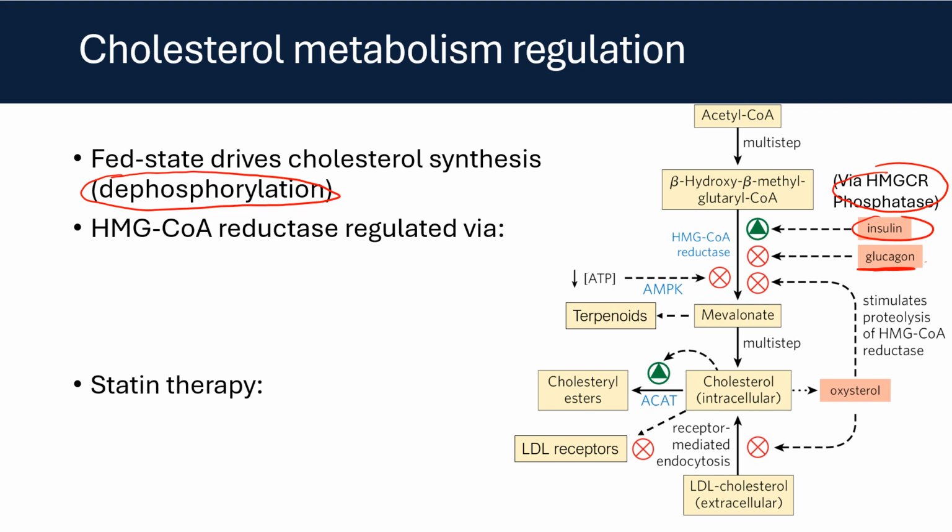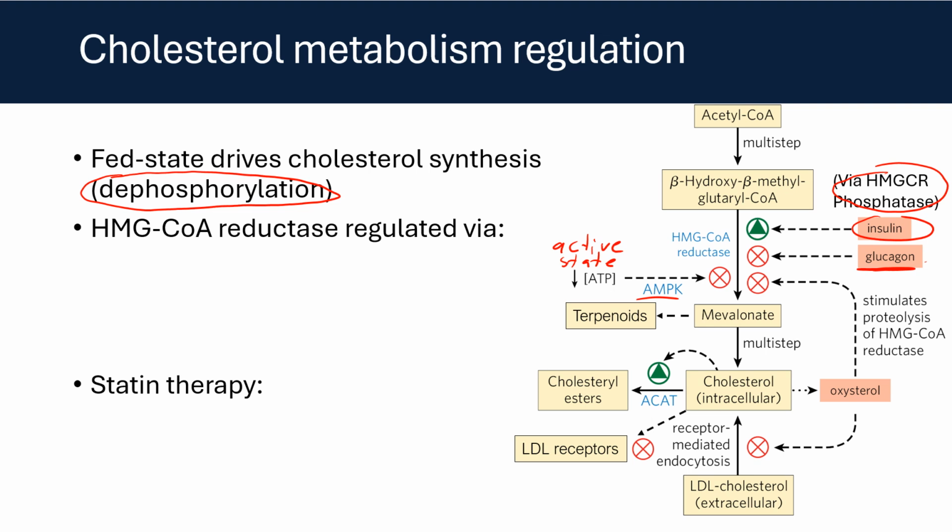And at the same time, having low energy charge, low ATP levels, aka an active state, is going to prompt the AMPK signaling axis, which is going to directly phosphorylate HMG-CoA reductase and therefore shut it down. Said another way, AMPK puts the deactivating phosphoryl groups on HMG-CoA reductase, and glucagon keeps them on.